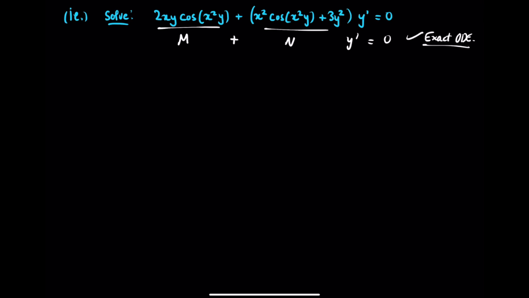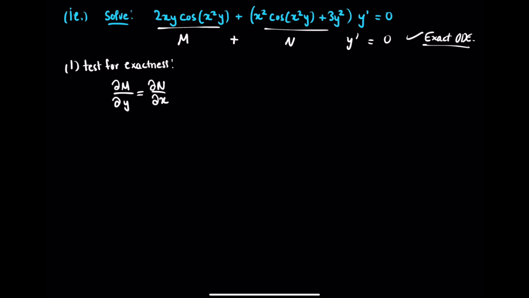And so now what we have to do is the test for exactness. That's the first thing we do. So what is the test for exactness? We take the partial derivative of M with respect to y, and the partial derivative of N with respect to x.